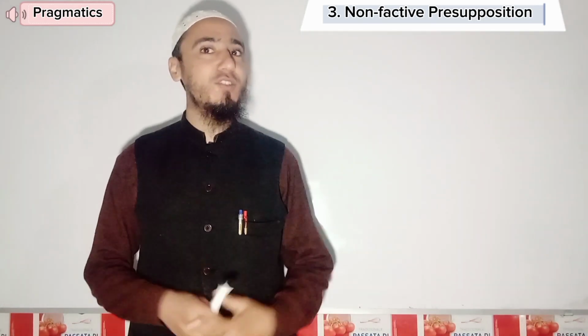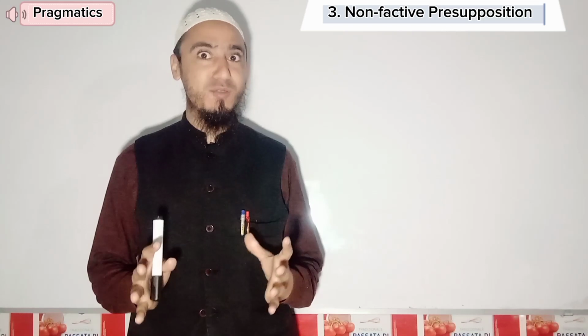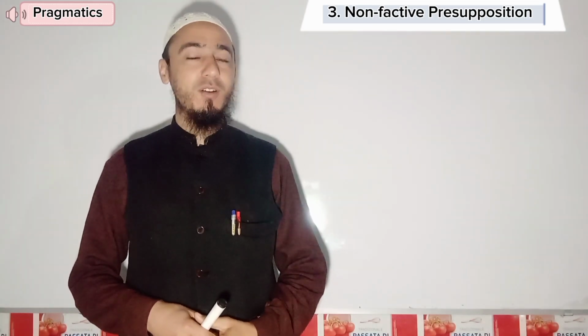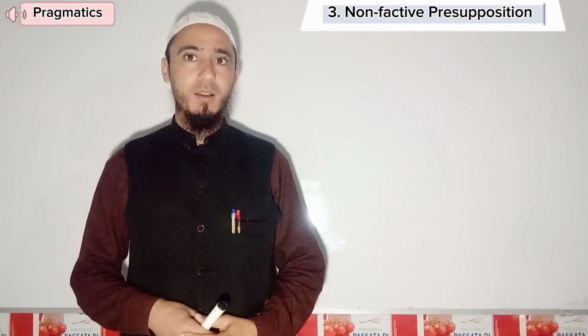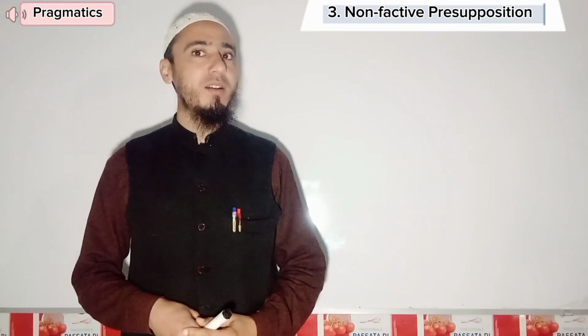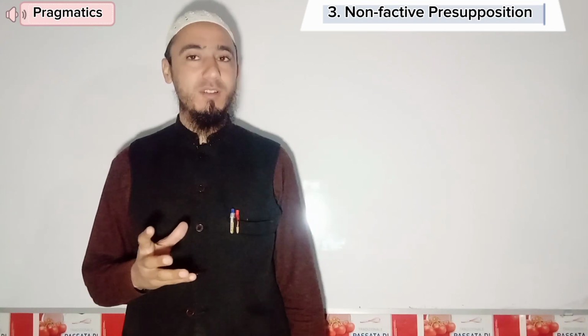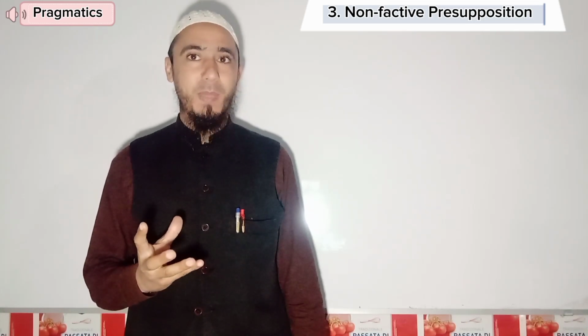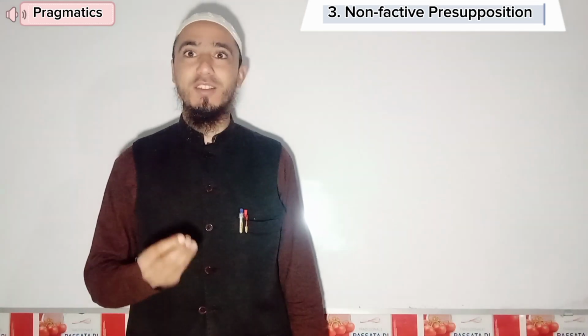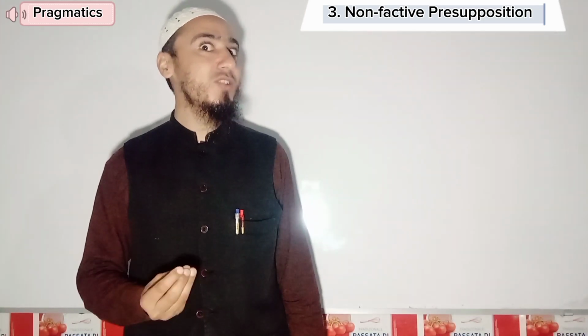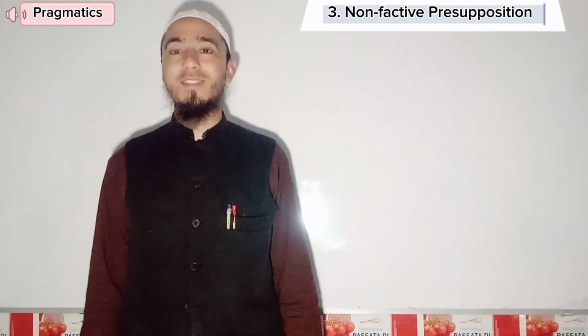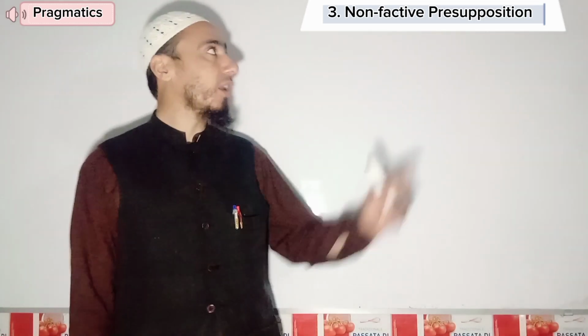What is non-factive presupposition and what are some practical examples of non-factive presupposition? If you remember, yesterday I told you about factive presupposition. That factive presupposition means it is an assumption that something is true due to the presence of certain verbs.